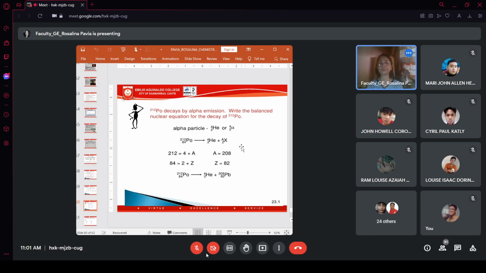What element has an atomic number when added to helium, it equals to the atomic number of polonium? Actually, may sagot na dito, kaya lang, I want you to check your periodic table. Anong element?